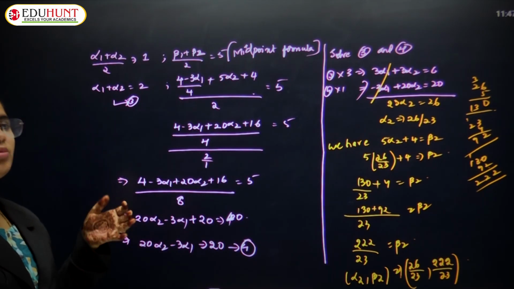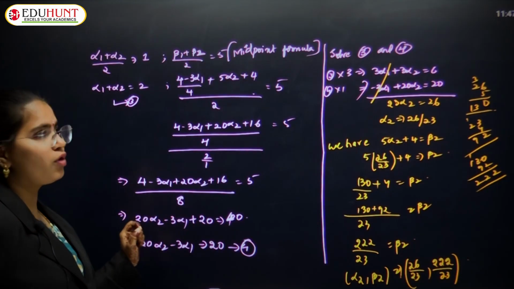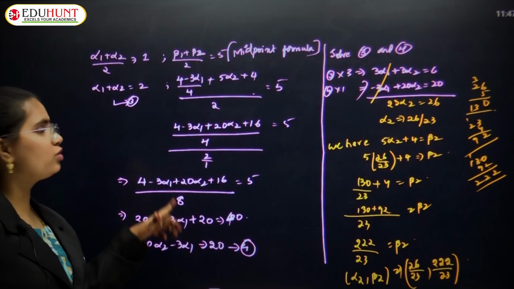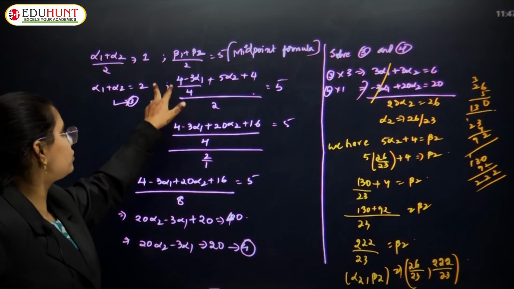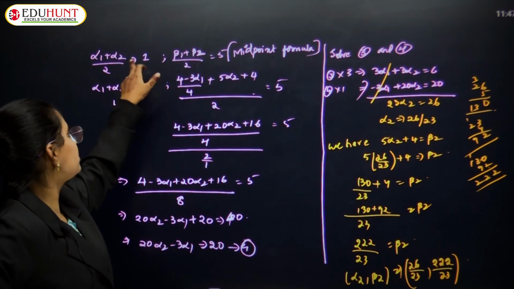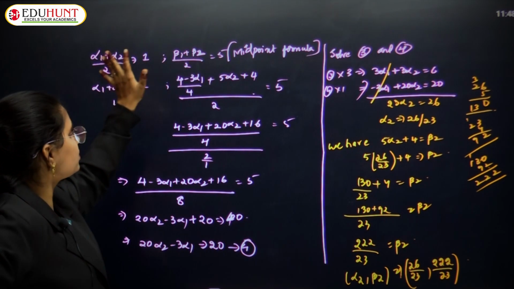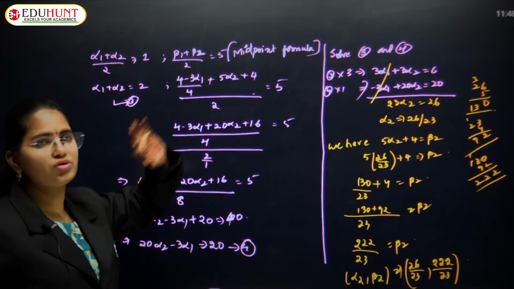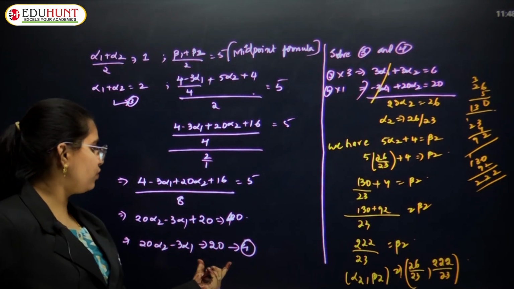Because (1, 5) is exactly bisecting the line segment between (alpha 1, beta 1) and (alpha 2, beta 2). Using the midpoint formula, we have (x1 plus x2) by 2 and (y1 plus y2) by 2. So this is our third equation, and substituting the beta 1, beta 2 already found, after simplifying I got this value.